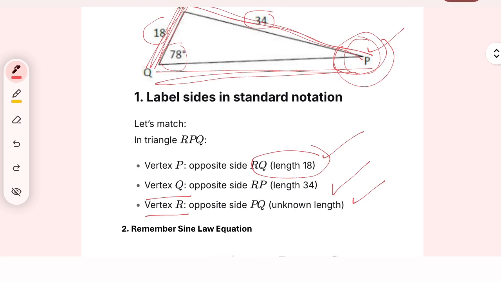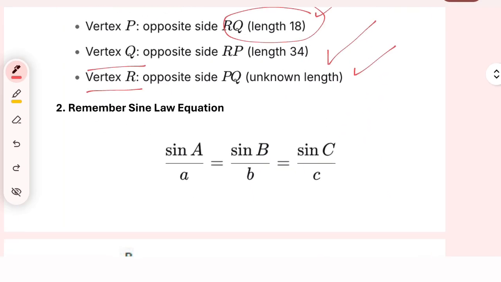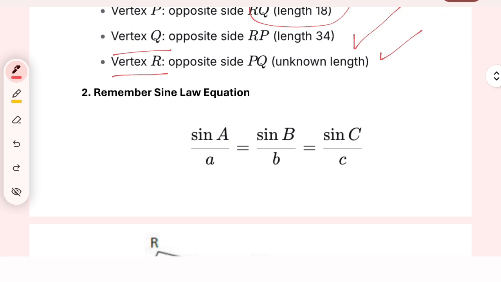Let's now go to the sine law. I hope you still remember we already have a problem on the sine law, now in our playlist. This is the equation of the sine law, which I always recommend that you memorize.